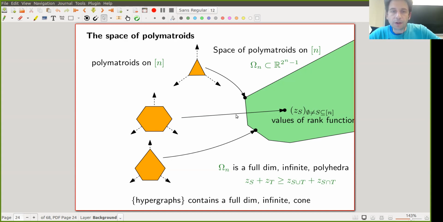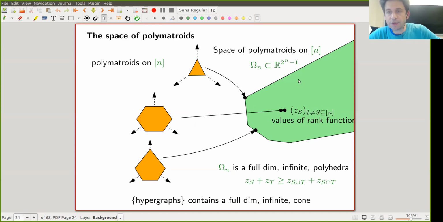As we said, there is a unique rank function for each polymatroid, and conversely, any submodular function will give you a polymatroid.